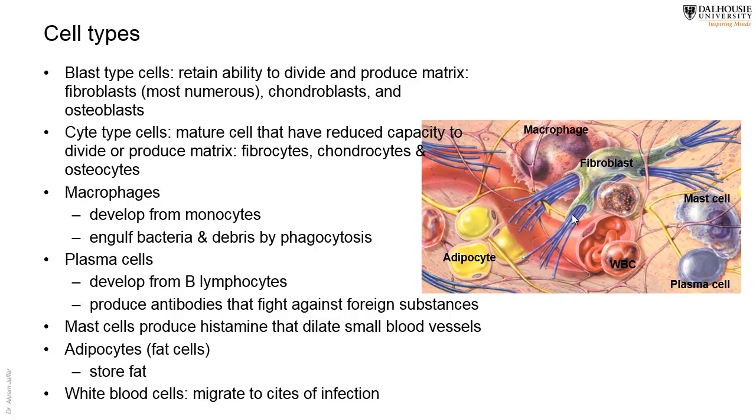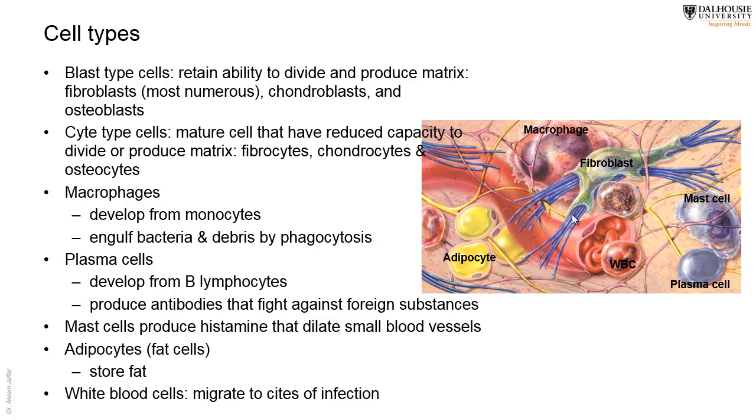The other cells of the connective tissue are macrophages, and these are derived from monocyte cells which are present in the blood. As their name indicates, macro means large cells, and phages means that they perform phagocytosis. So these are the phagocytic cells that eat or engulf the bacteria, and also remove the debris from the tissue.